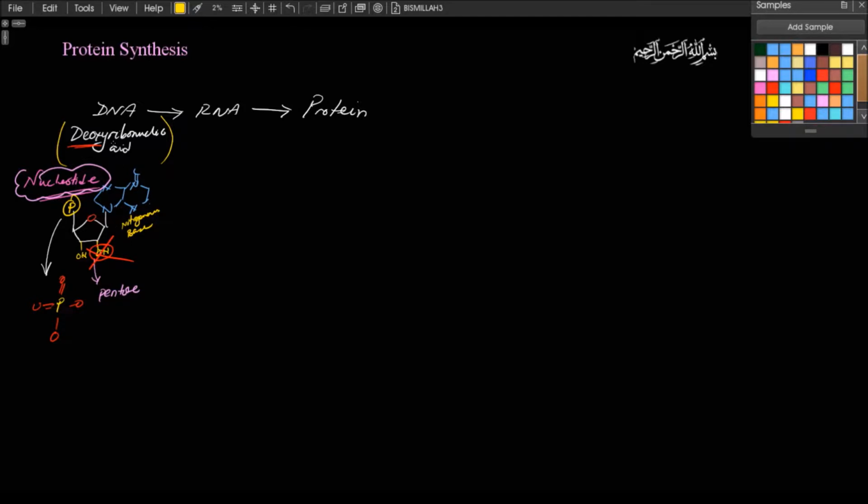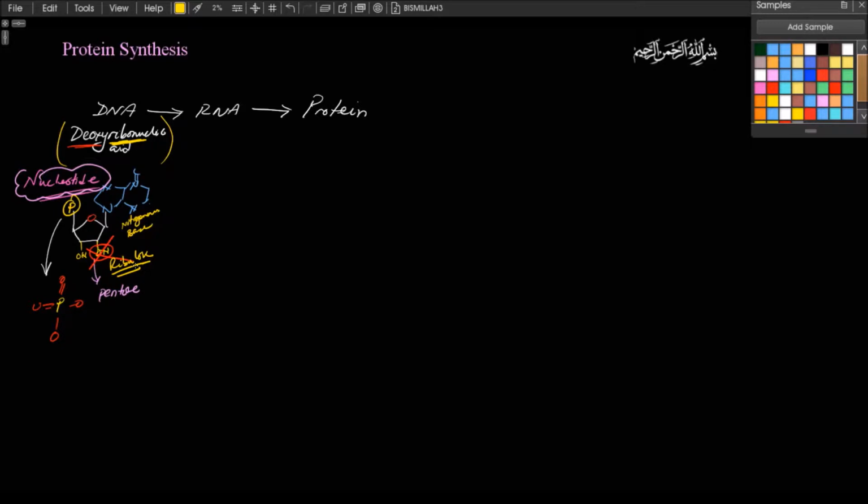The ribo part comes from ribulose sugar, a 5-membered ring, or 5-carbon sugar. Deoxyribulose means a ribulose molecule that's missing one hydroxyl group, and that's the name. So deoxyribonucleic acid is made of nucleotides that are missing that one hydroxyl group over there.